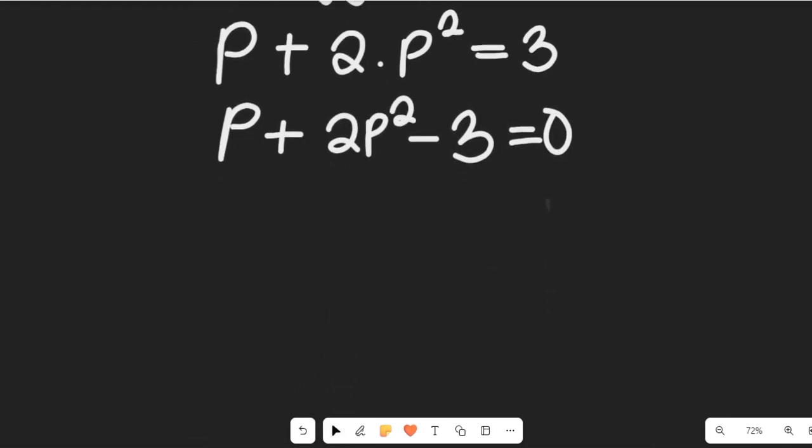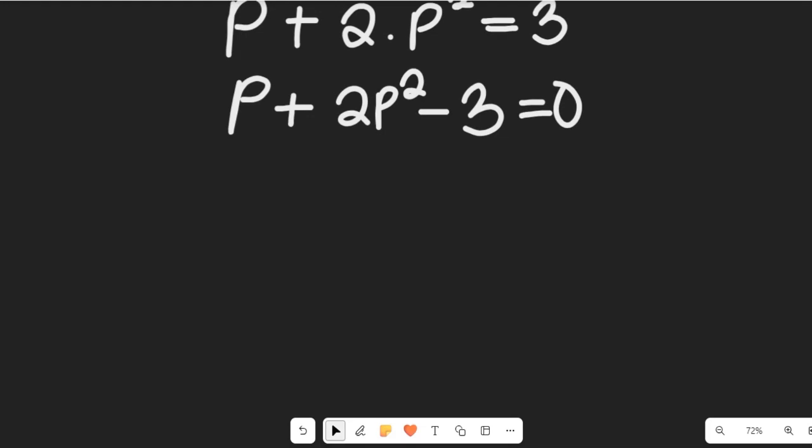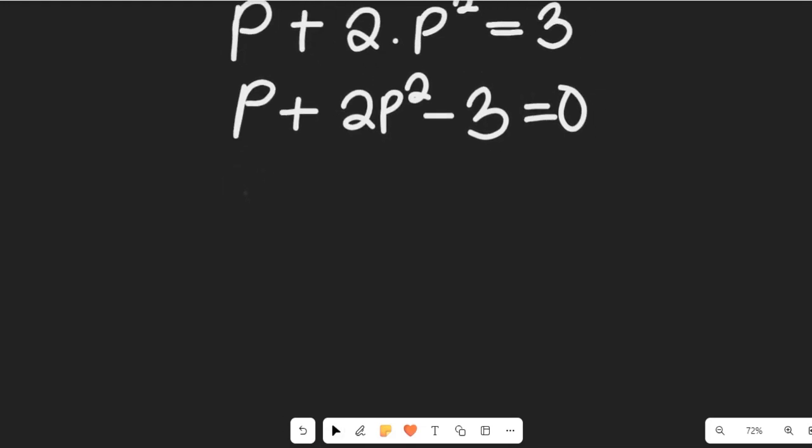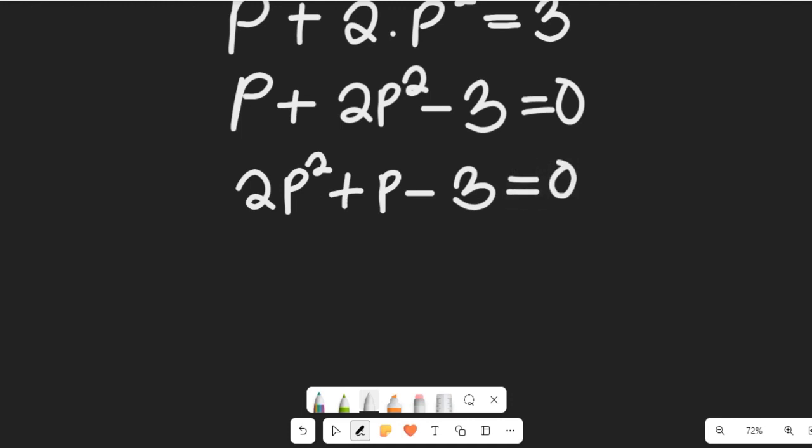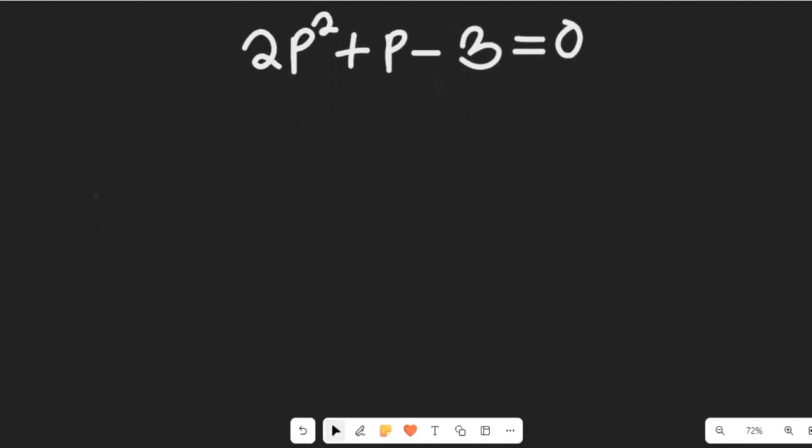Now in the next step, let's rearrange this to give us the quadratic expression we really want. This is going to give us 2p squared plus p minus 3, equal to 0. So if we check this expression, we can solve it using the quadratic formula.